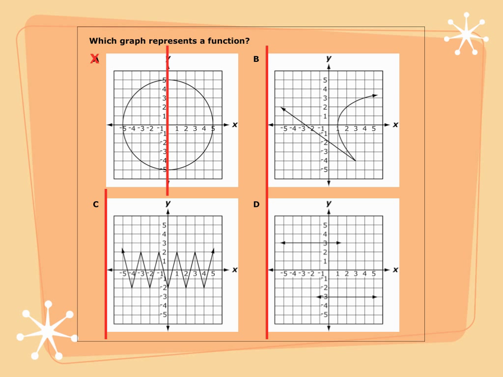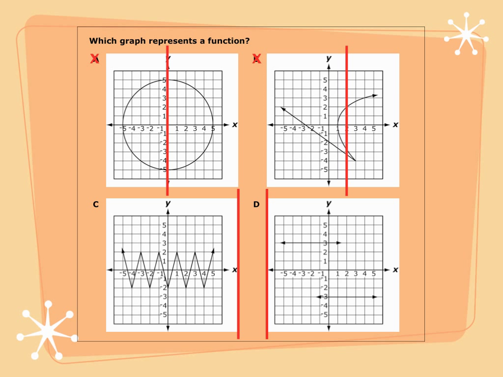I'm going to do the same thing for B, so watch the line pass through the graph. And notice at several points on this graph, it passes through more than one point. Where it stopped right now, it's passing through 3 different points. So B is not a function. If you'll watch C, at no point through that graph does it touch more than one point.